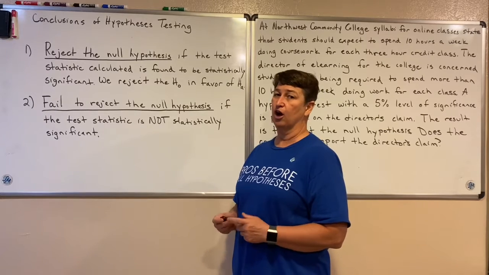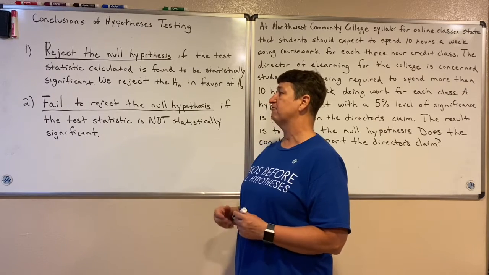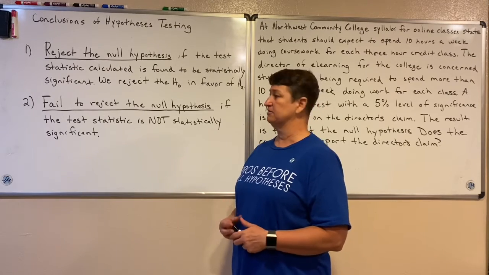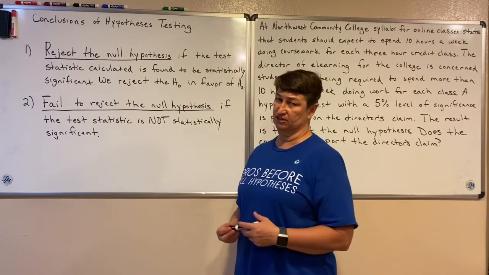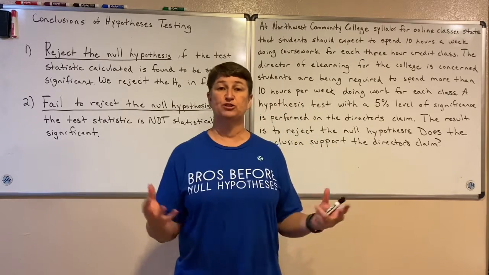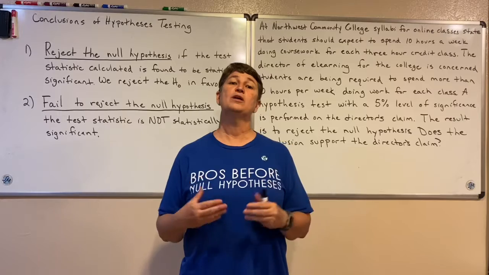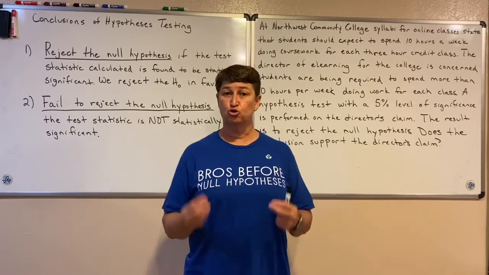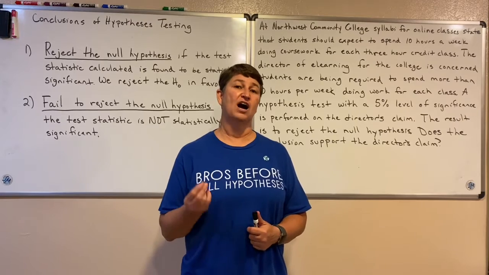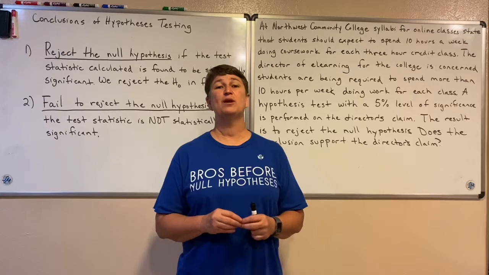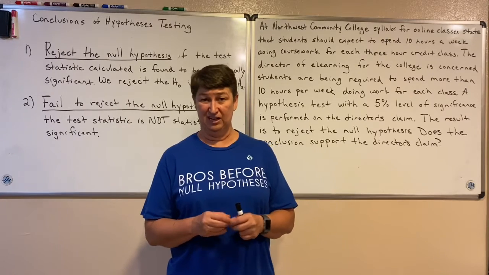Our second thing that can happen is that we can fail to reject the null hypothesis if our test statistic is not statistically significant. So let me explain a little bit. First of all, always picture a courtroom where a defendant comes in and we are presuming that that defendant is not guilty unless we get enough evidence to be able to say that the defendant is guilty.